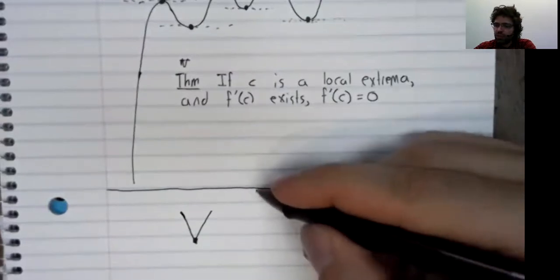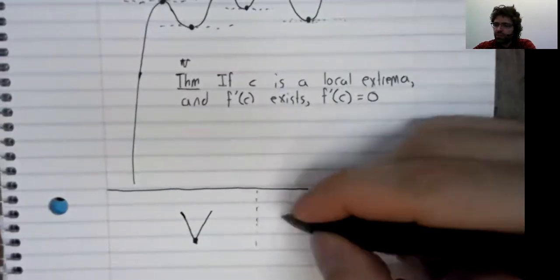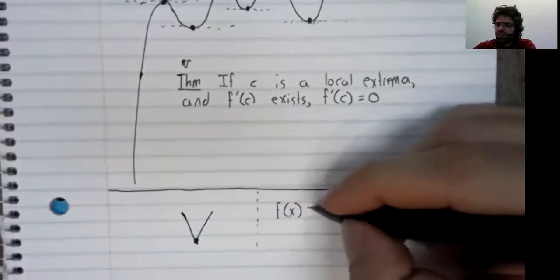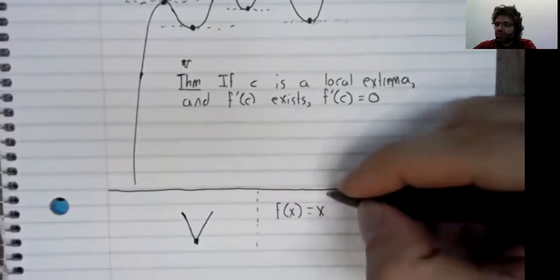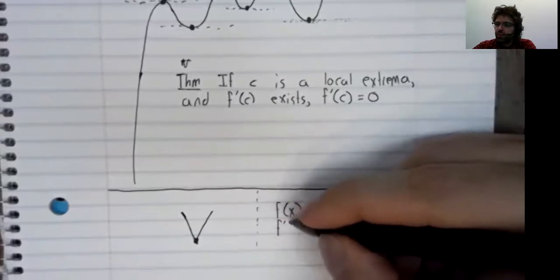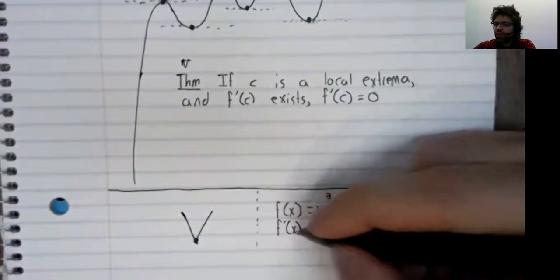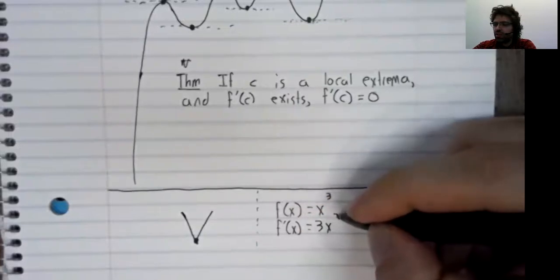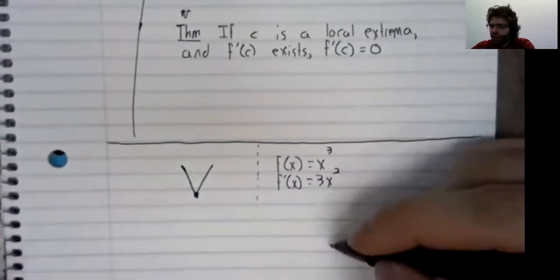Second comment, f of x equals x cubed. f prime of x is 3x squared.